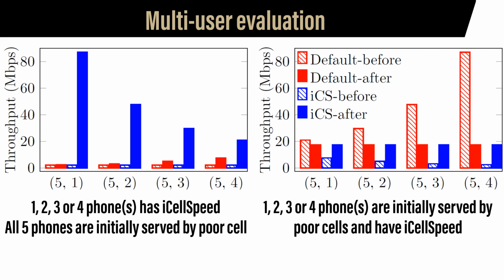We clearly see that iCellSpeed boosts performance for phones previously served by poor cells in both scenarios. In the right figure, the phone without iCellSpeed gets its speed dropped when other phones switch to the good cells. This is expected because iCellSpeed is to exploit underutilized capabilities, but not to increase raw capabilities. Once more devices move to the good cell, they compete for resources, and thus the obtained share drops.